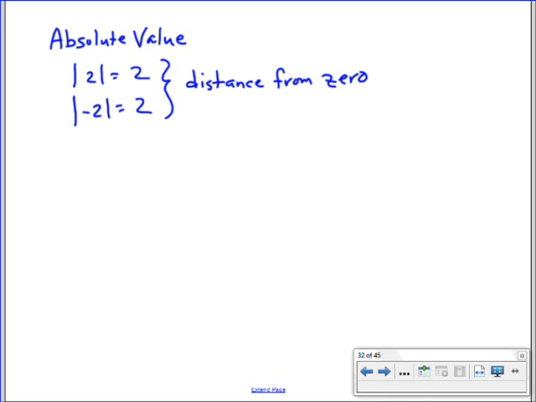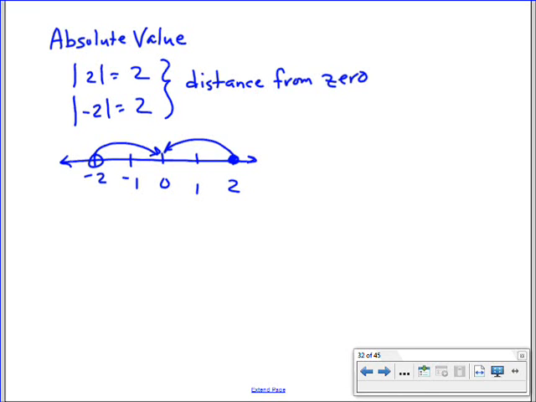If you look at a picture of a number line, 2 is 2 units away from 0, and negative 2 is 2 units away from 0.